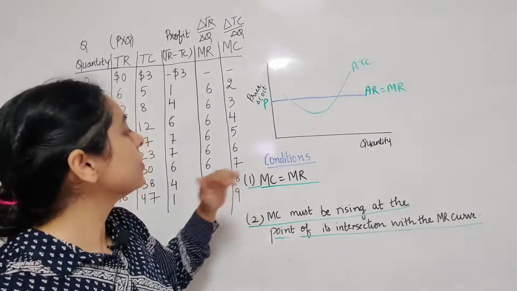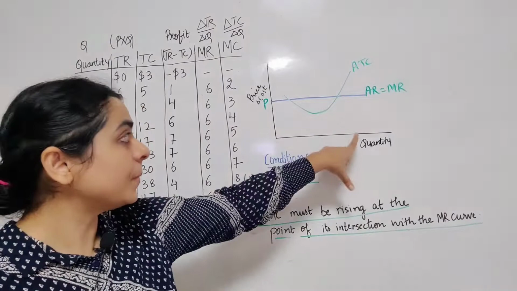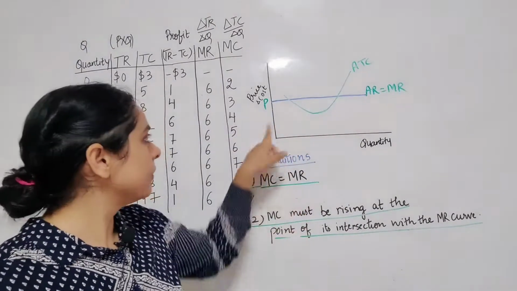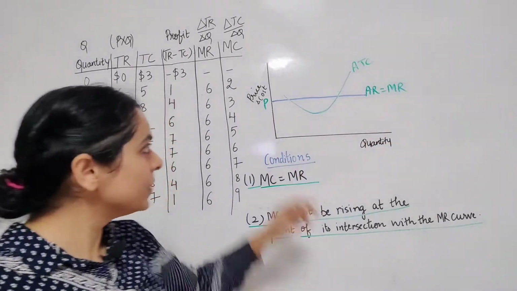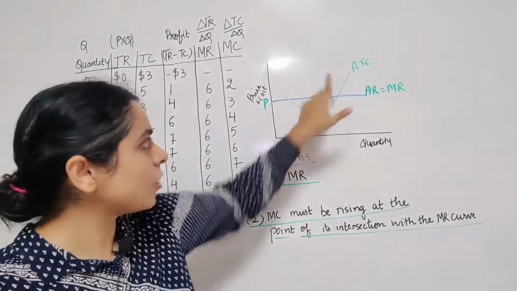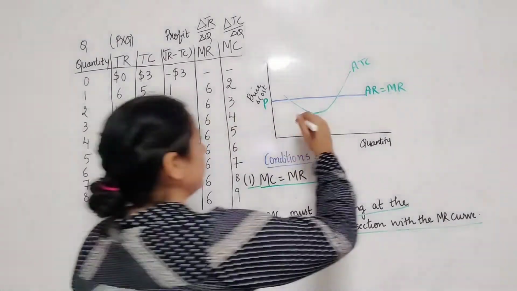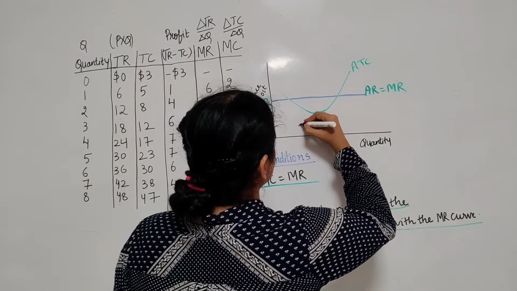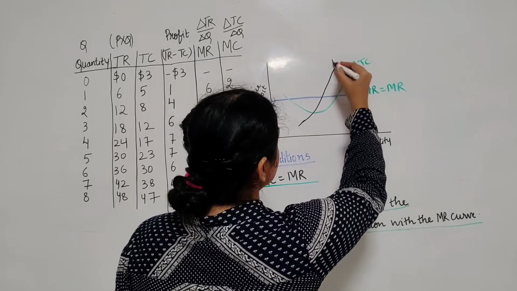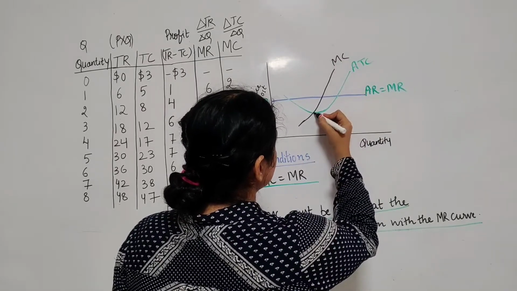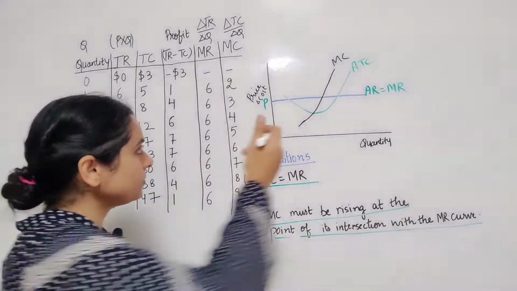The first condition is marginal cost is equal to marginal revenue. Here we have our diagram. This horizontal line represents the price line, equal to average revenue and marginal revenue. This is our average total cost curve, and then we have our marginal cost curve, which cuts average total cost at its minimum point.